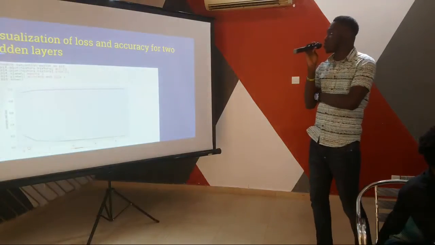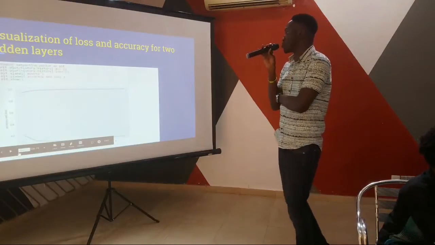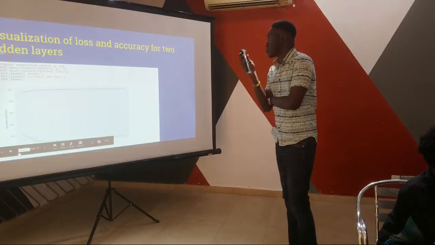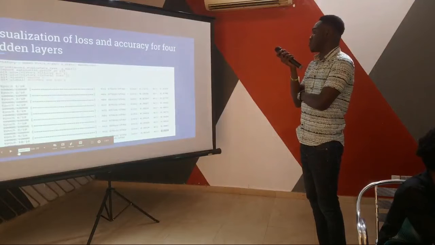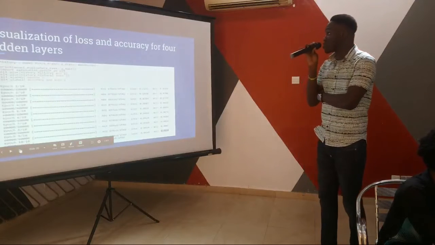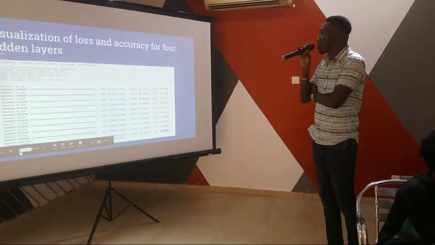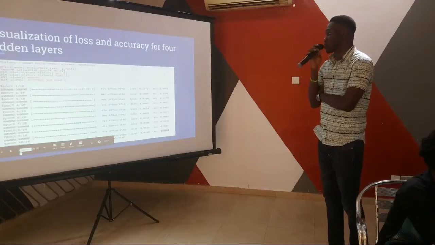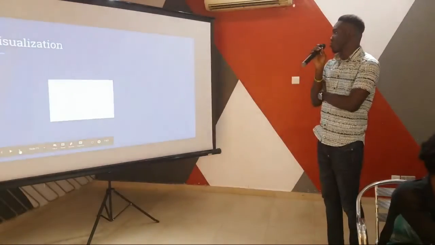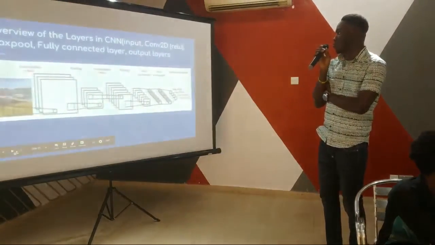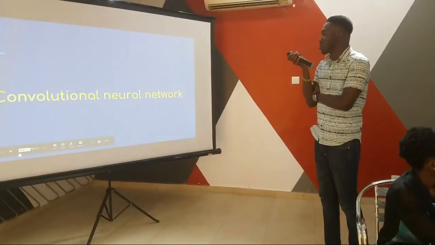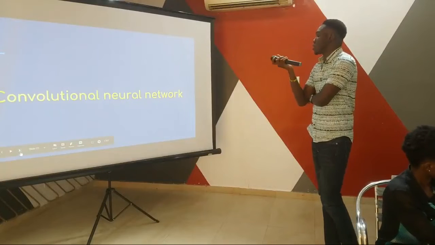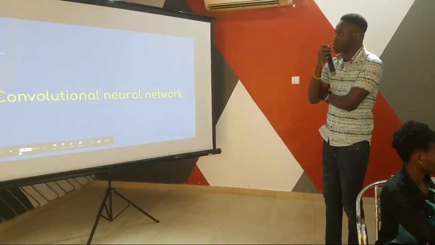This is the visualization of the loss and the accuracy of the 3-layer model. The visualization of the loss and accuracy for the 4 hidden layers. CNN, convolutional neural network, is what we use to get the highest accuracy.